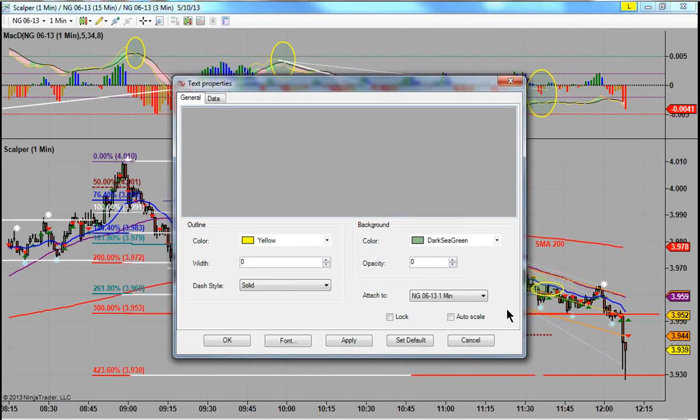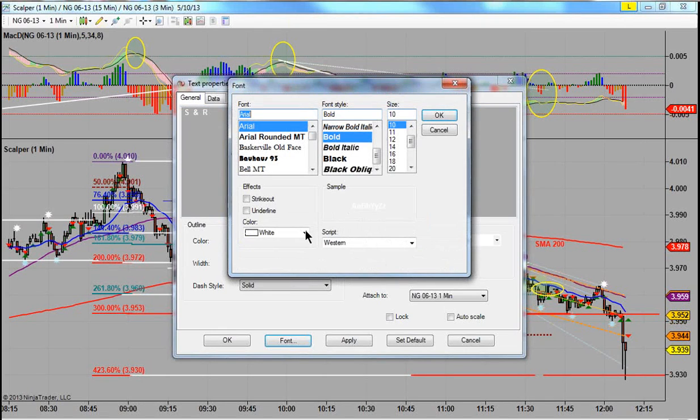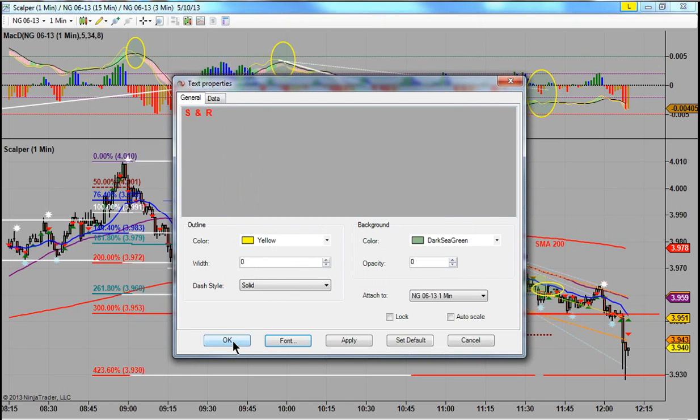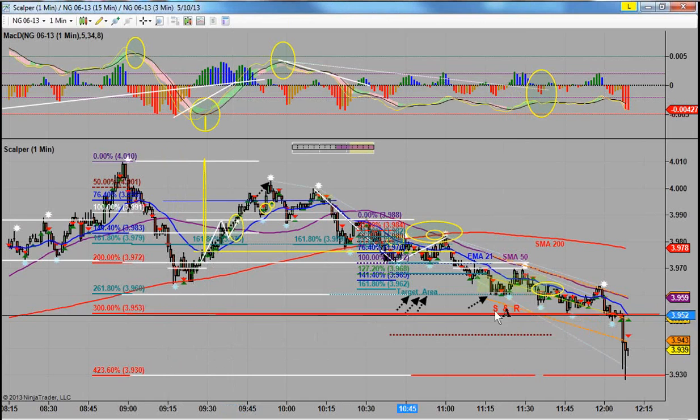So I'm looking for support and resistance. In this case, it's a red line. They're not all red. Make it a little bigger, easier to see, and voila.